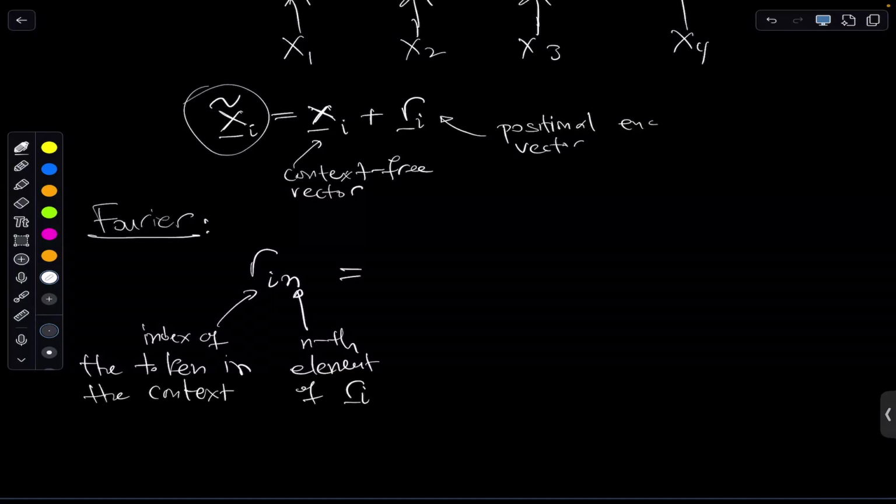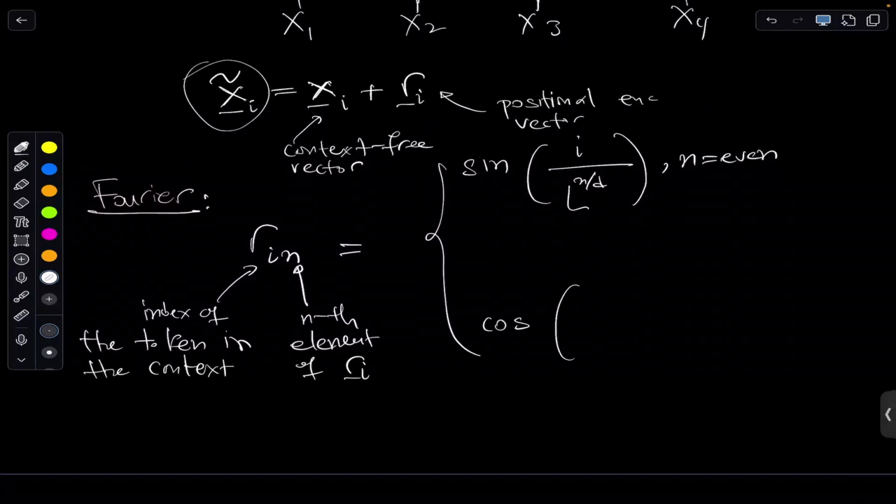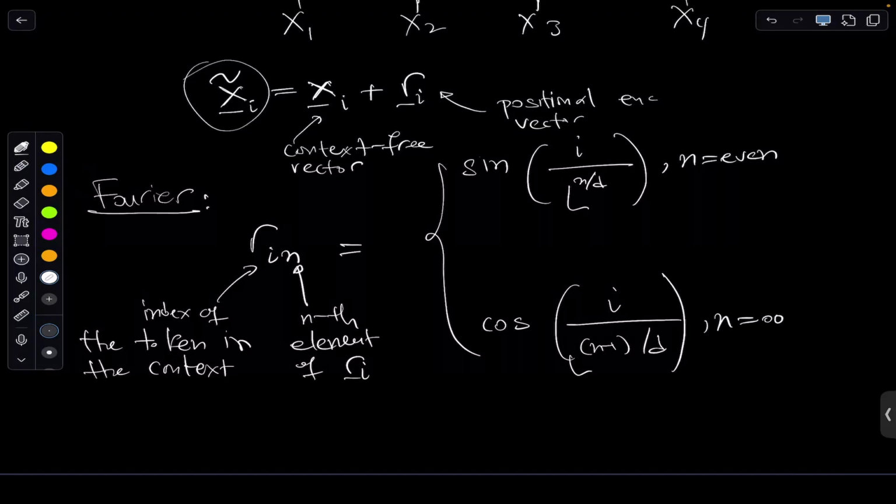So this one will take the form of sine of i divided by L to the power of n divided by D, for n being even, and cosine of i divided by L to the power of (n minus 1) divided by D, when n is odd.